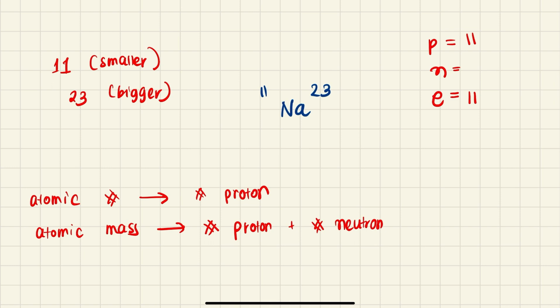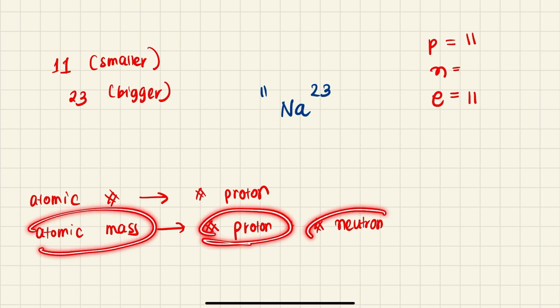That's why we don't count the mass of electrons in our atomic mass. So atomic mass is just number of protons plus number of neutrons.